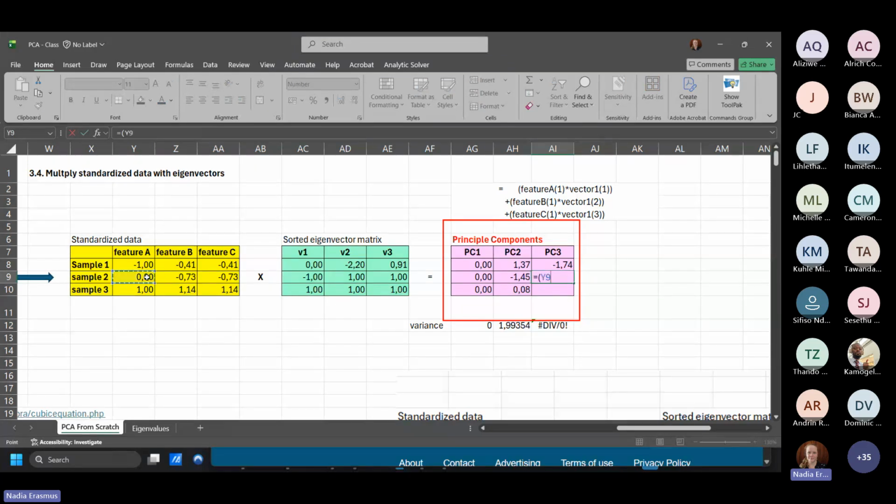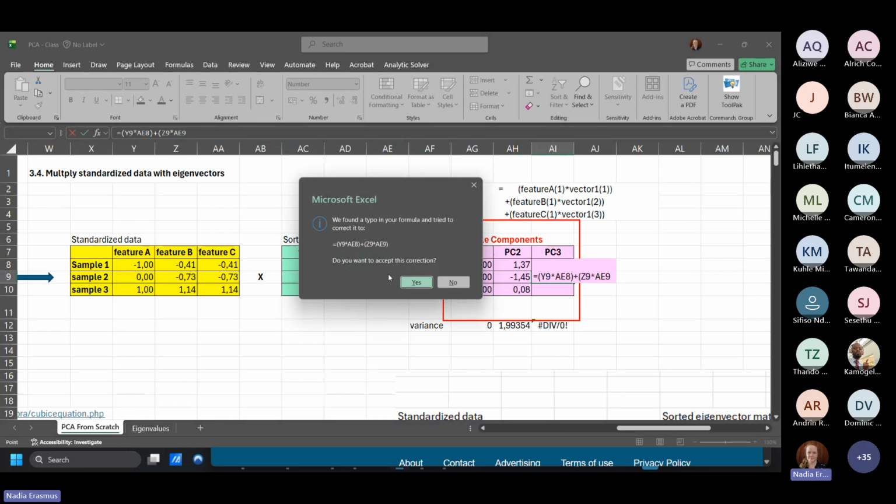Then we have sample 2, feature B multiplied by that one.